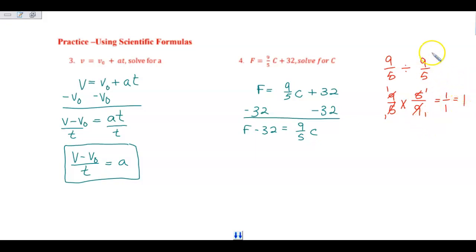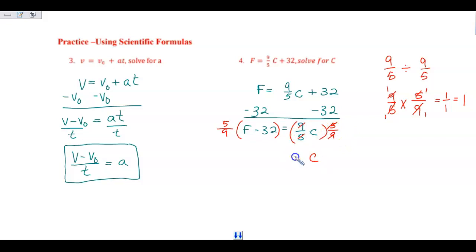So anytime you're dividing by a fraction, you're really multiplying by its reciprocal. So I'm going to multiply this side by 5/9, and I'm going to multiply this side by 5/9. So when I'm doing this, these cancel out.